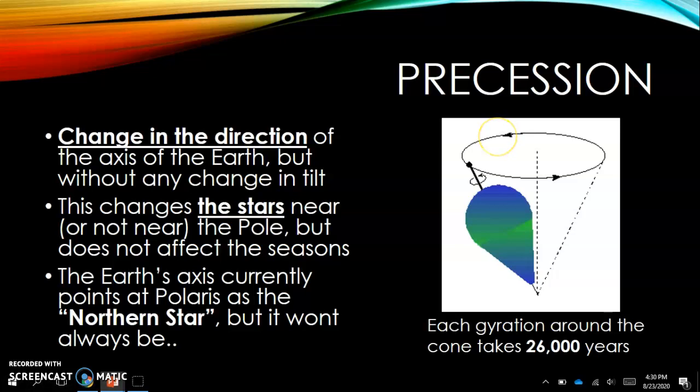And there's about 4 stars that could be our North Star, depending on where we are in this precession. So if we look down here, each gyration or each precession takes around 26,000 years. Okay, so it takes about 26,000 years to do one full gyration of a precession. Okay, so it's a long time. This is something that is very gradual, and we would not be alive to see the changing really of the North Star.